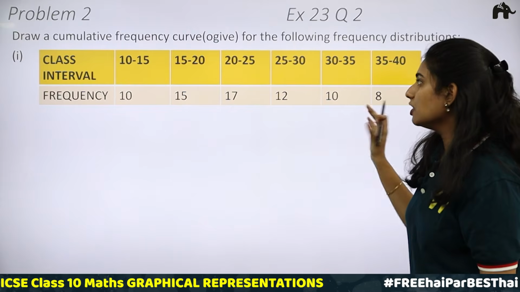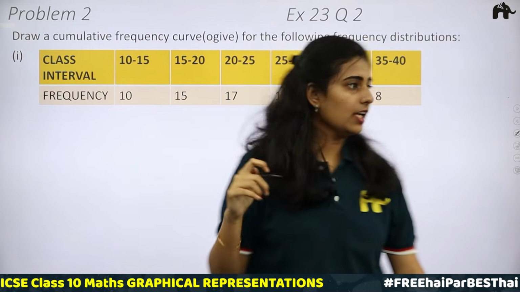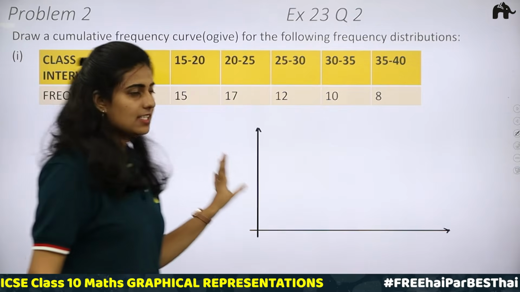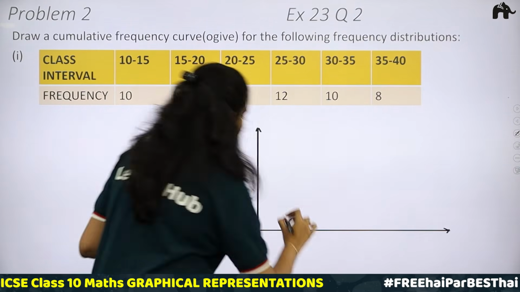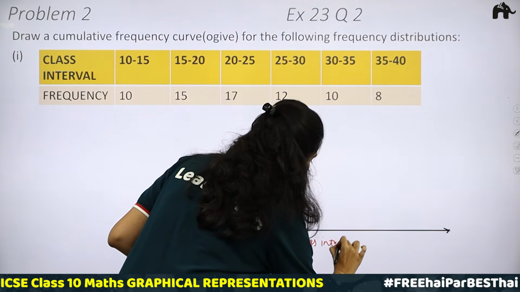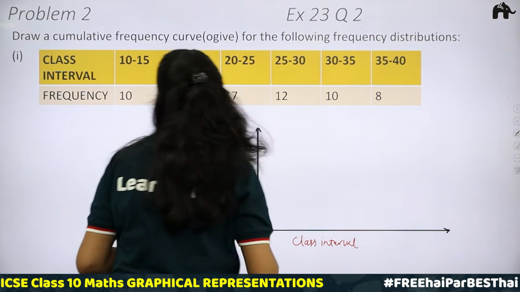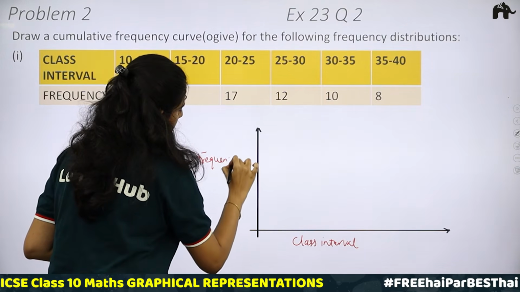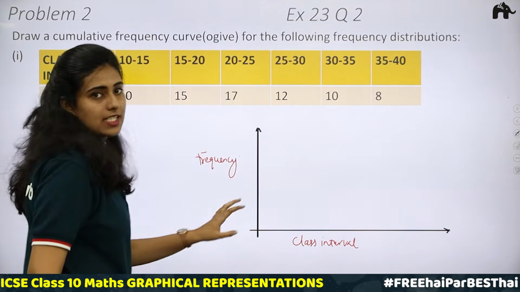Now let us draw the cumulative frequency curve. For that, we have the x-axis and y-axis. On the x-axis, we will be taking the class interval, and on the y-axis, we have frequency. Now let us take the values.